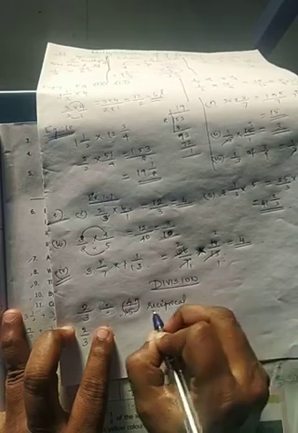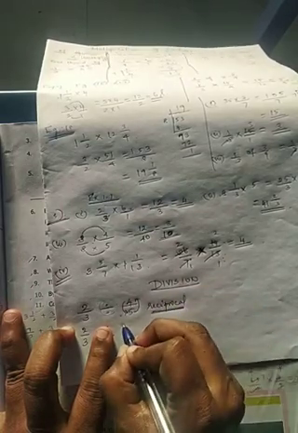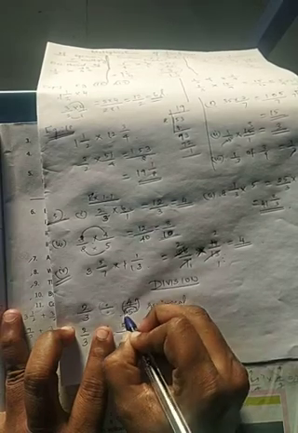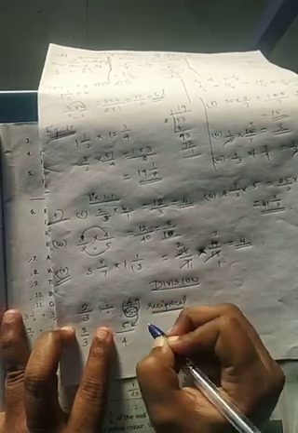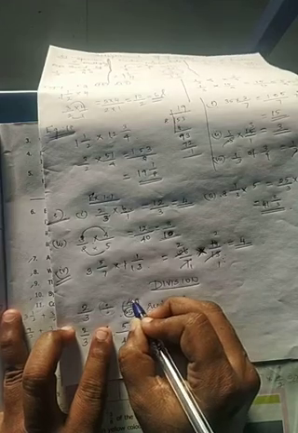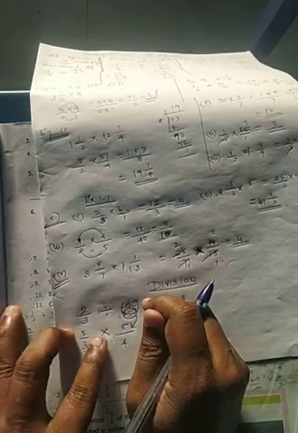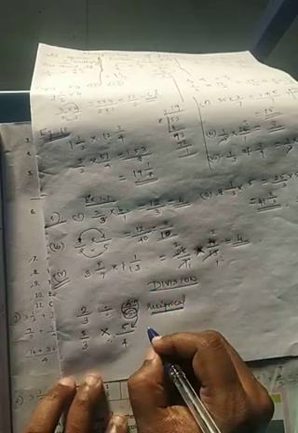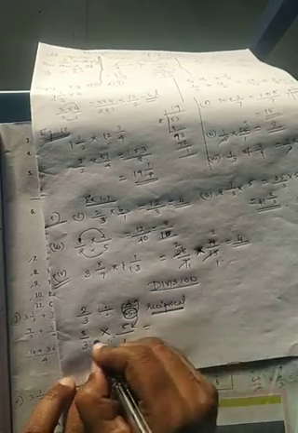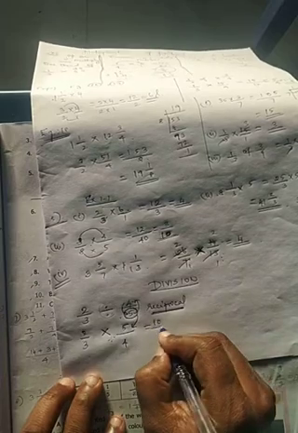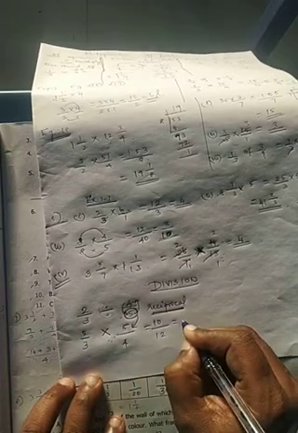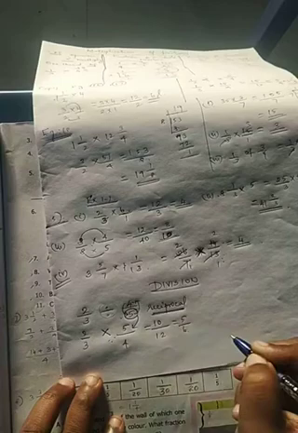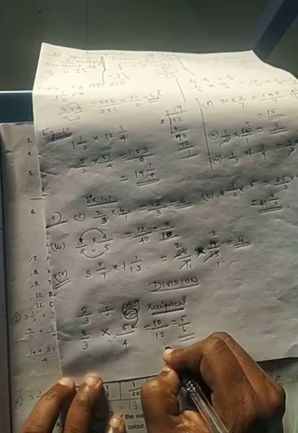The denominator here has become the numerator, and the numerator has become the denominator. So what is happening now? Can I do something on this? 2 5s are 10 divided by 12, or it is 5 by 6. I can reduce in the 2 table.